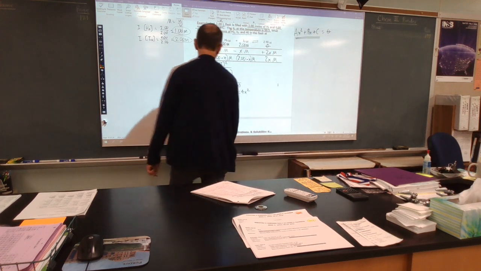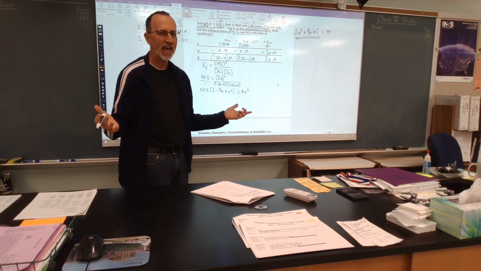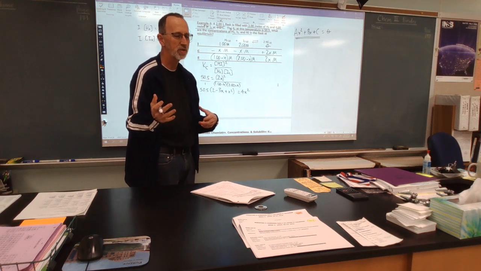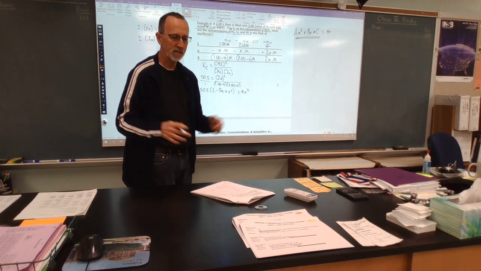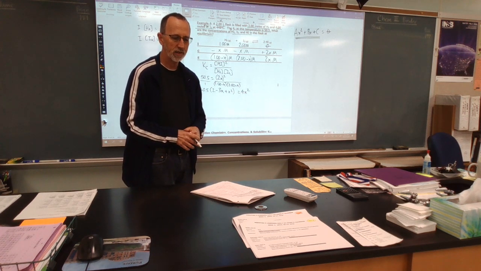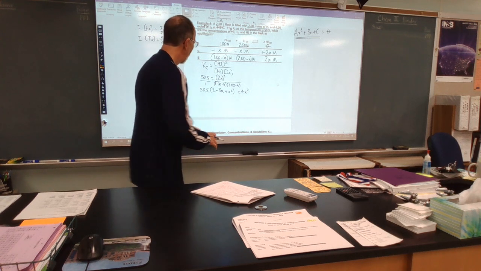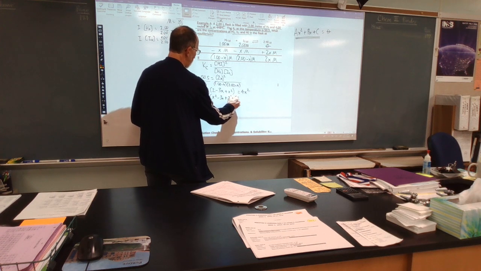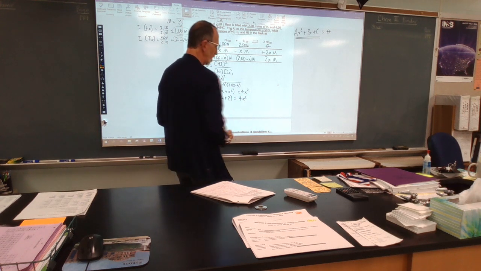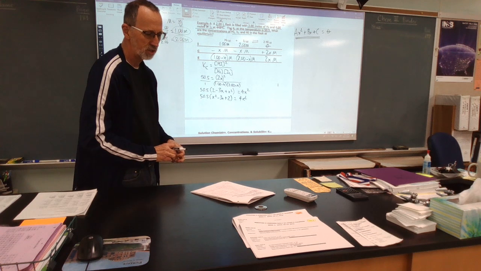You could do it in your head and skip this step, but I'm going to show you so you can keep track of where we're at. So 50.5 times the quantity x squared minus 3x plus 2 equals 4x squared. Again, you could probably skip that step, but I wanted you to see it.